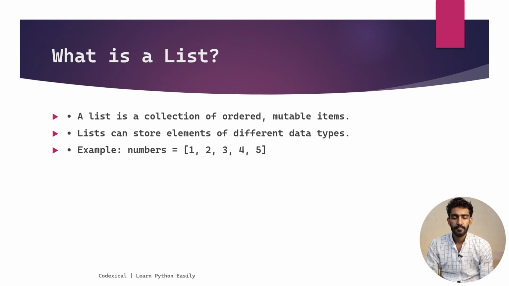In this example, a simple list of values from 1 to 5 is assigned to a numbers variable. It's the simple structure of a list. A list has a simple syntax. It starts with bracket signs and each element is separated by commas.